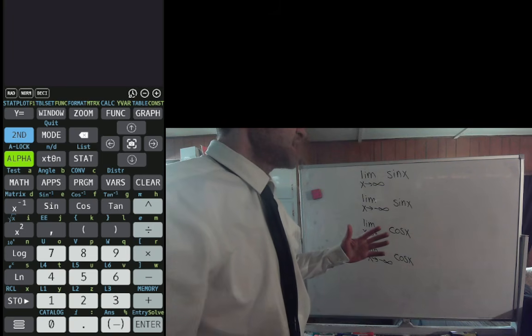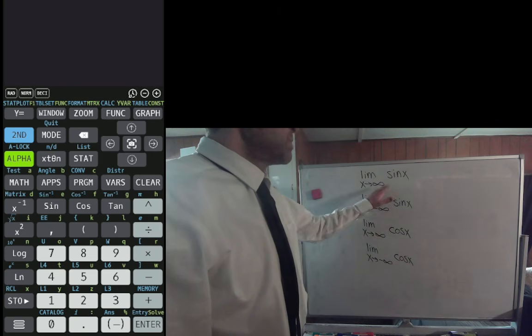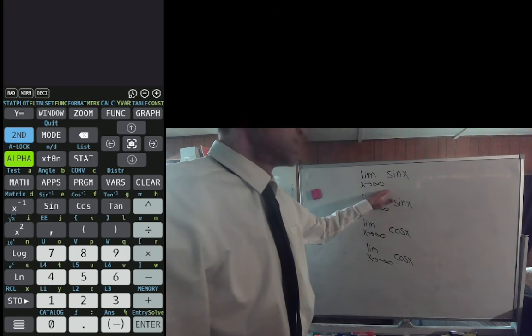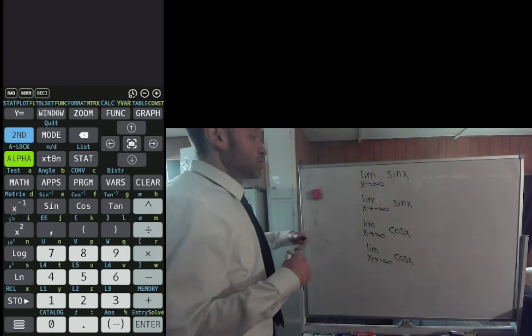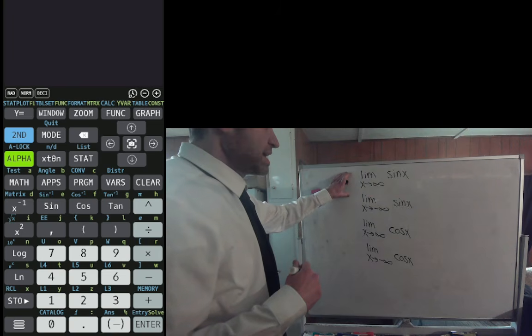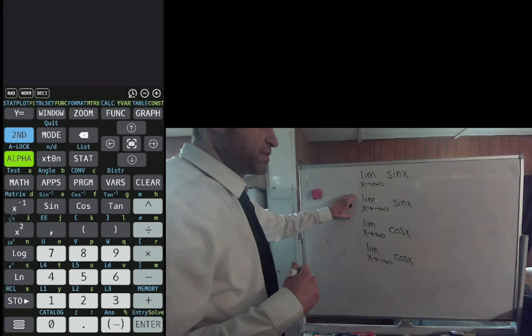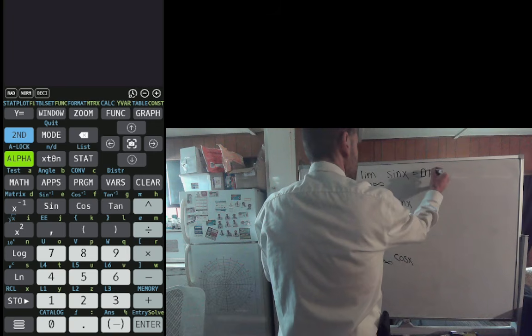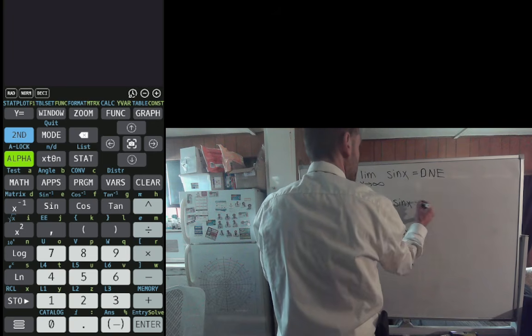It doesn't stop. What that means is it's going to do that infinitely, so we can't come up with a precise value of the limit as x approaches infinity. So the limits at infinity and negative infinity for both sine and cosine of x do not exist, because it never settles down to a finite value.